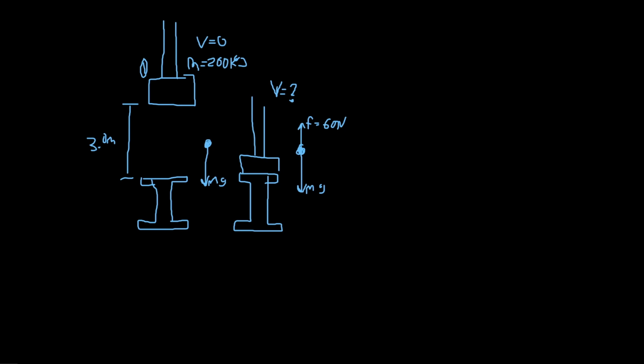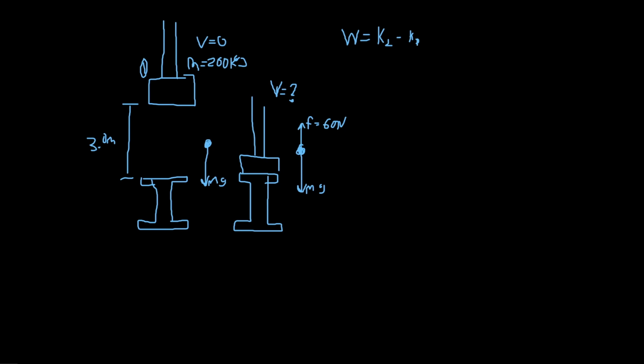So we're going to start by writing our work energy theorem equation that we derived from the previous slide to solve this problem. So we have work equals kinetic energy final minus kinetic energy initial.